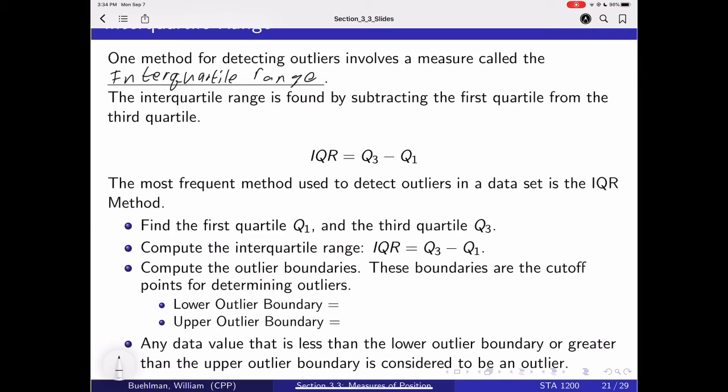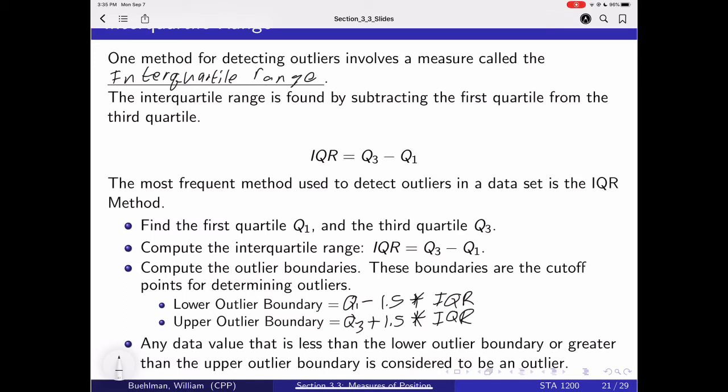In order to use it, we have to do the following. First, we have to find Q1 and Q3. Then we compute the IQR, which is Q3 minus Q1. Compute the outlier boundaries. These boundaries are the cutoff points for outliers. The lower outlier boundary is Q1 minus 1.5 times IQR. And the upper outlier boundary is Q3 plus 1.5 times IQR.